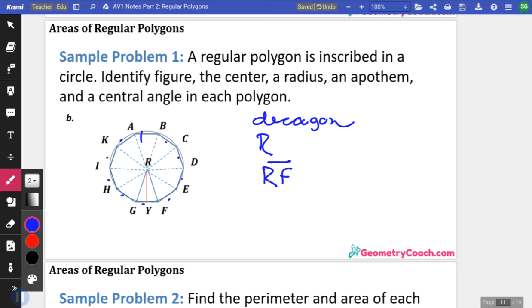It's not on the circle. Notice how our radii hit that circle. That's why they're called radii. Apothem, that's going to be your RY. And pick one of the many angles that does not include the Y. Angle G, R, F. R will be the middle letter of that angle.